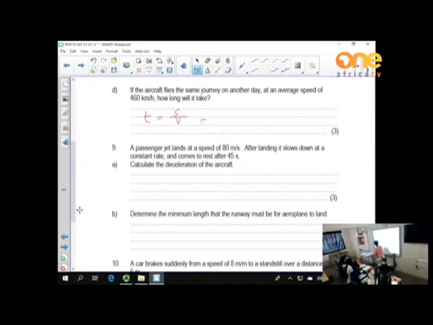Now the distance that it traveled, we got that from the previous question, was how far? 735. Okay, and the speed is 460.